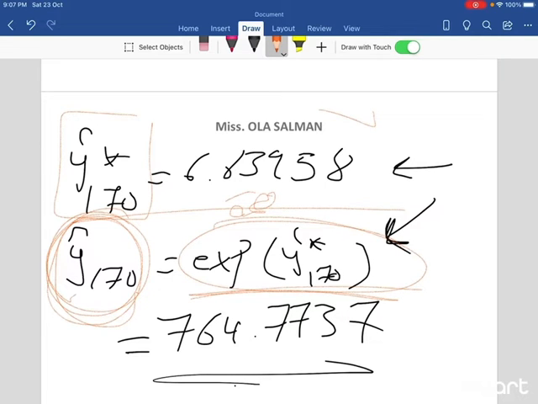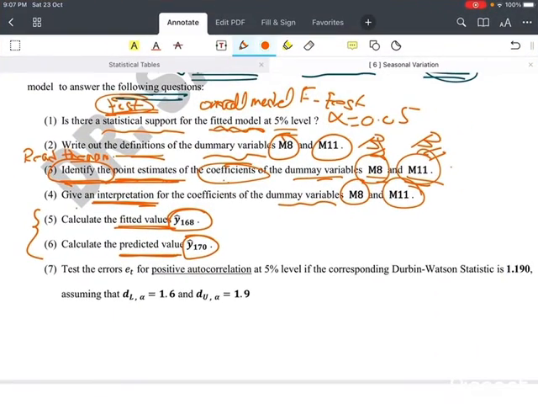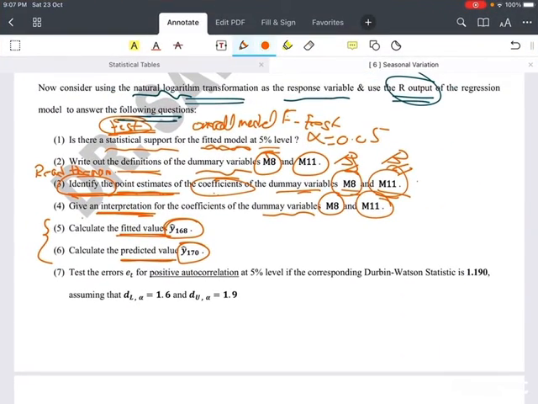Okay, for the last question, test the errors. We will do the testing of the errors for positive autocorrelation at the 5% level, so alpha will be 0.05.